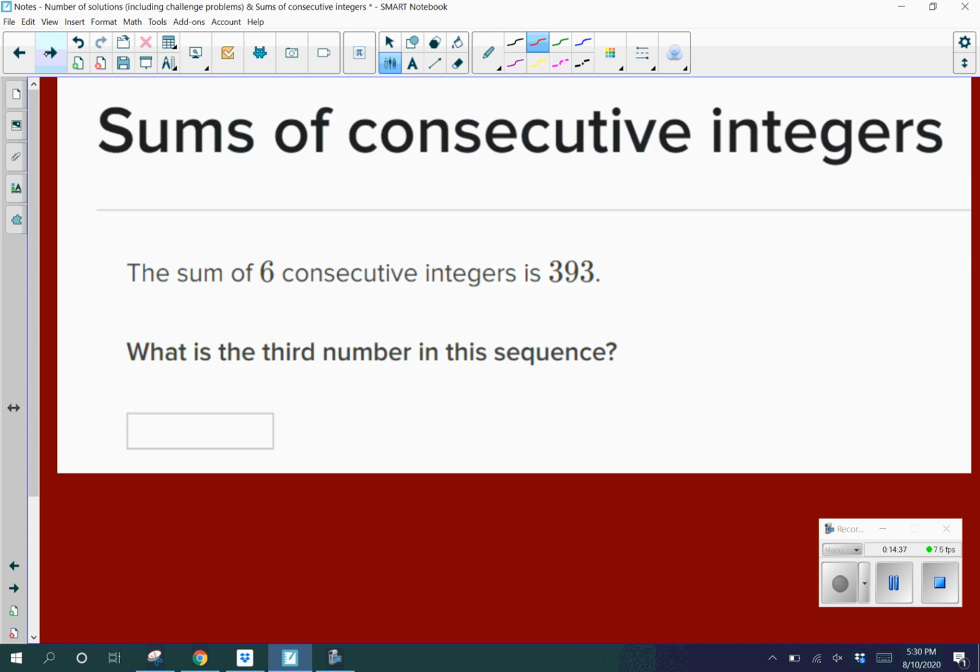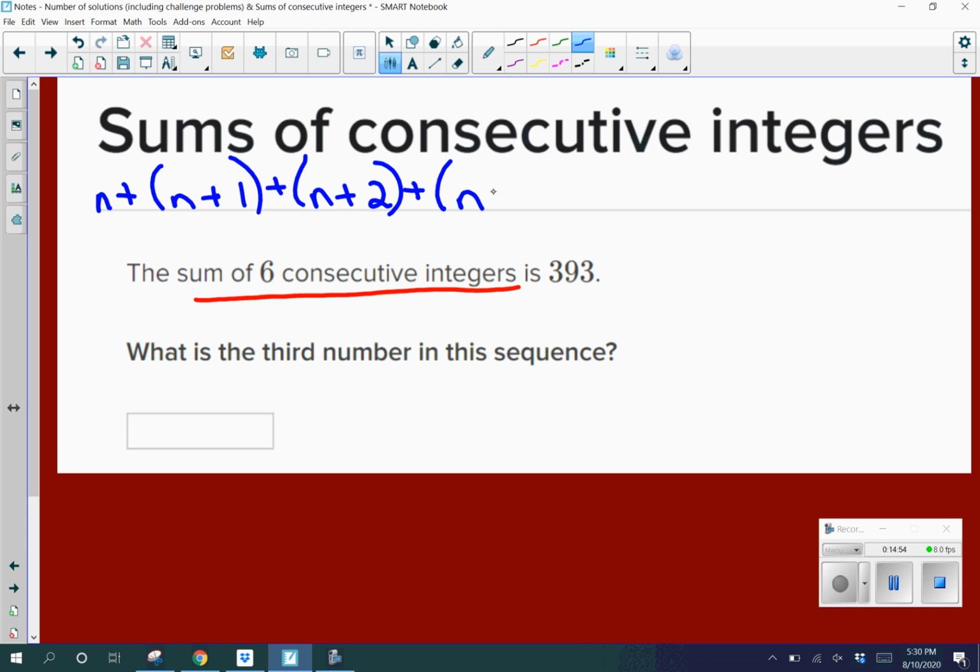Let's try another one. The sum of 6 consecutive integers is 393. So we're going to start with n plus n plus 1 plus n plus 2 plus n plus 3 plus n plus 4. I've got 5 done so far.